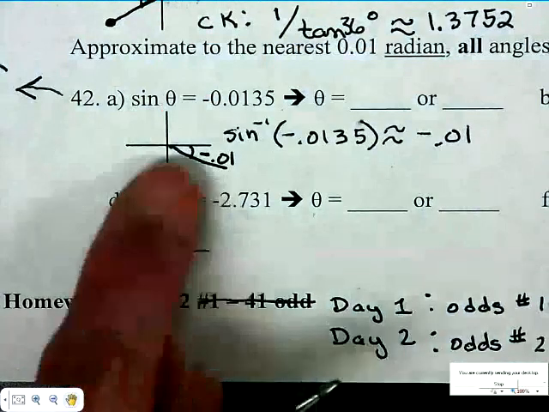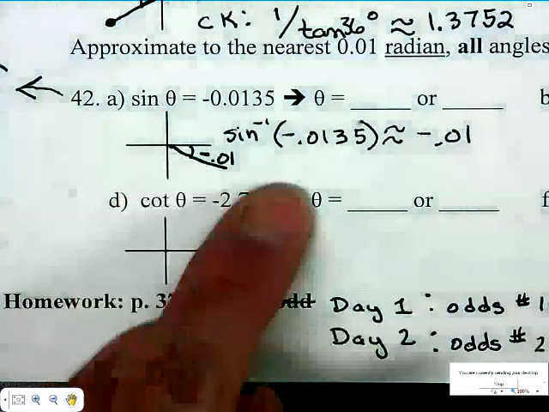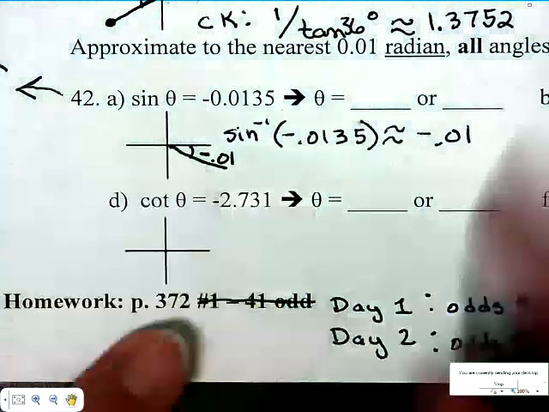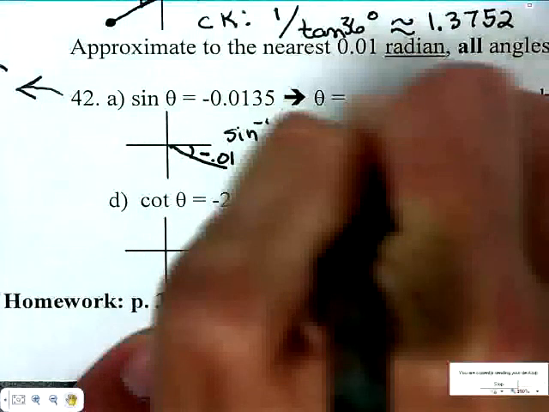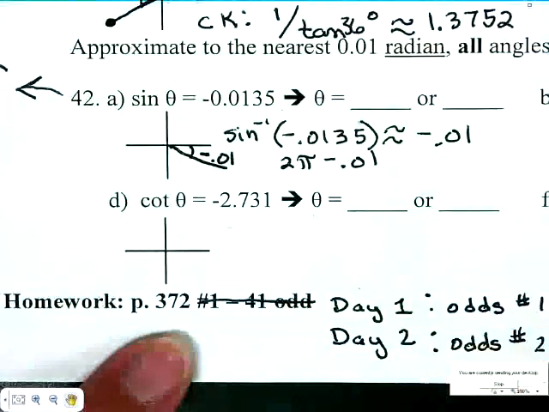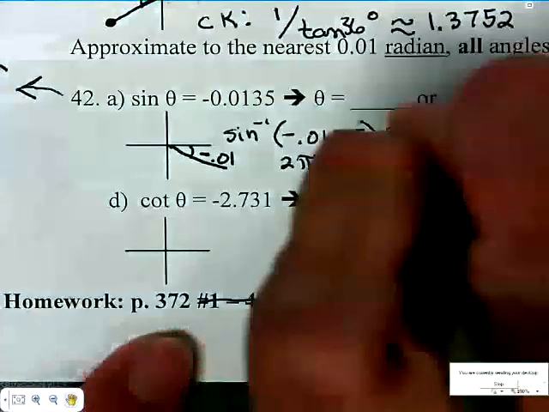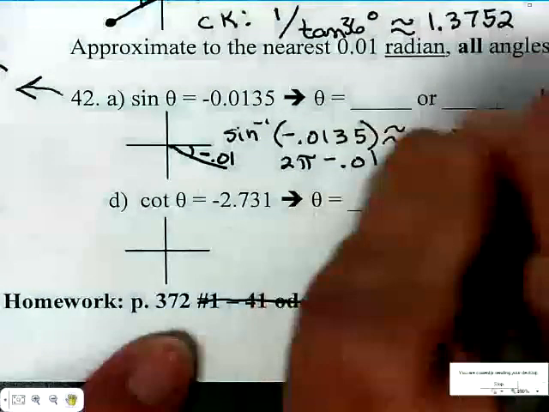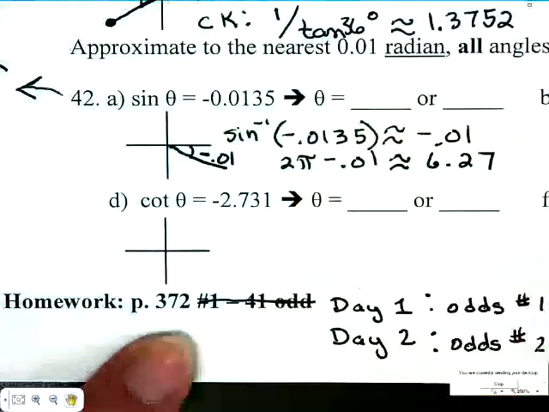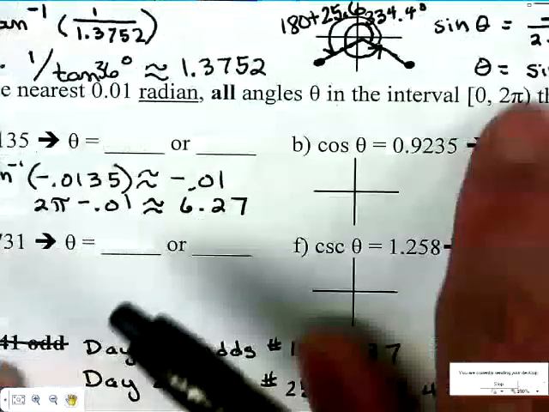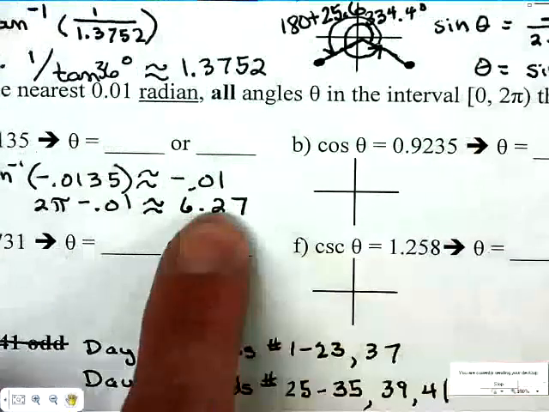Add 2 pi to negative 0.01, or I was thinking 2 pi minus 0.01 would give me the same thing. That's approximately 6.27. And that is a number between 0 and 6.28, since 2 pi is about 6.28.